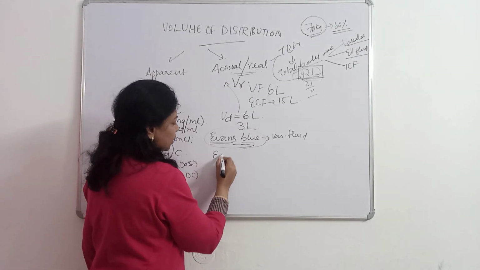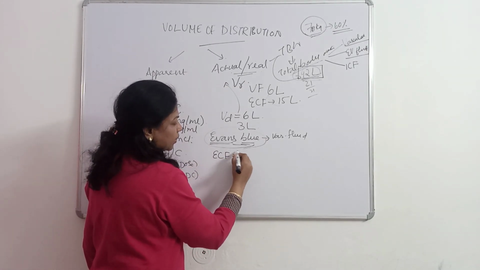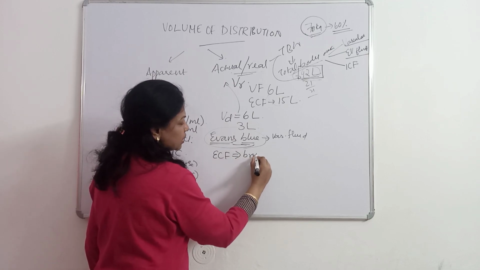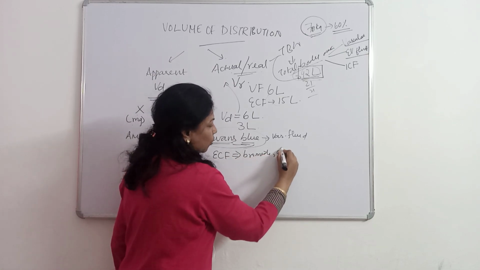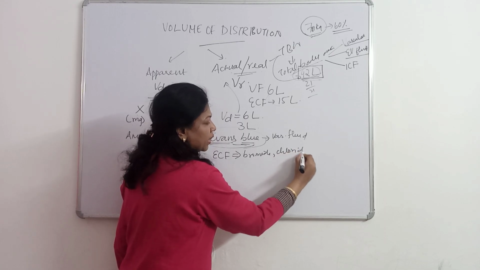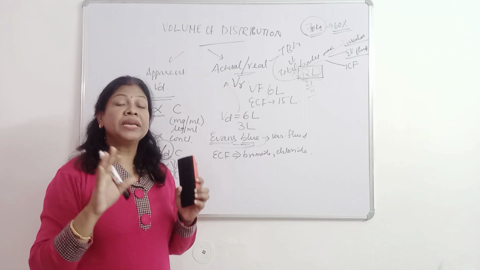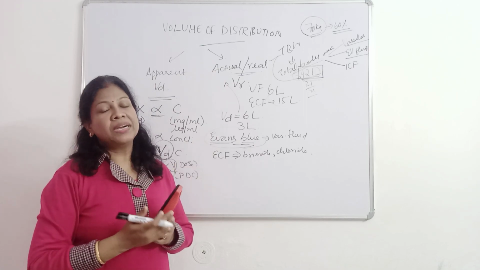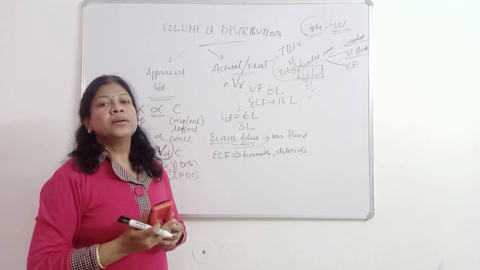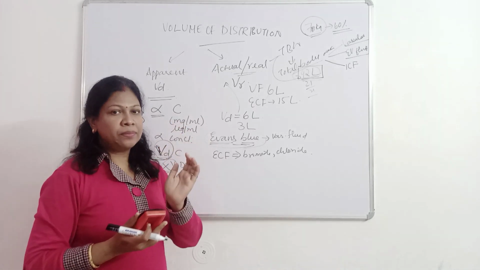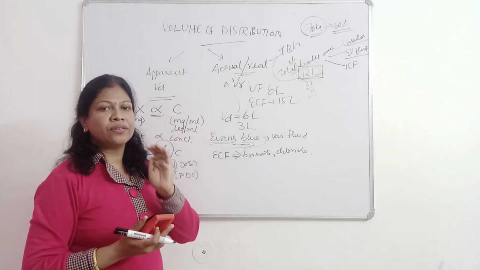Then extracellular fluid can be determined by using some ions like bromide and chloride ions. These bromide and chloride ions can permeate throughout the body, can be accessible throughout the body, but they cannot cross the biological barrier, or the cell membrane. Why?